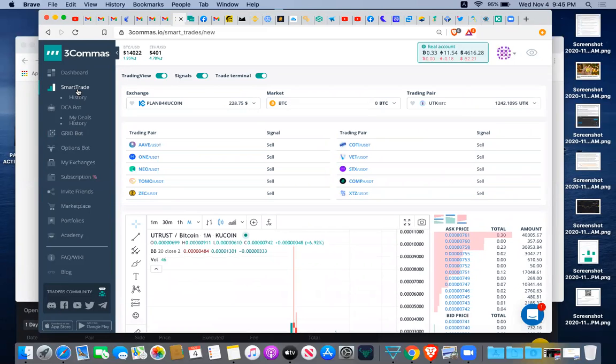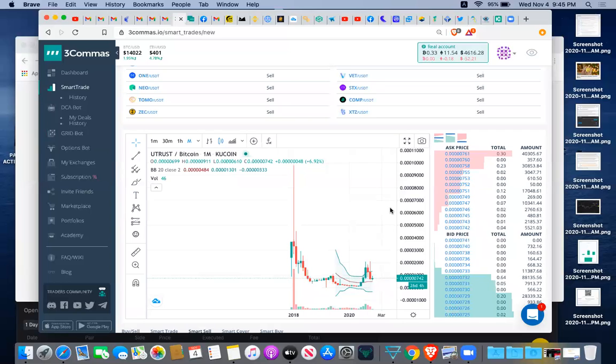And some coins too, who do you trust? Are you kidding me? You mean this coin is listed on, okay, this is KuCoin now.